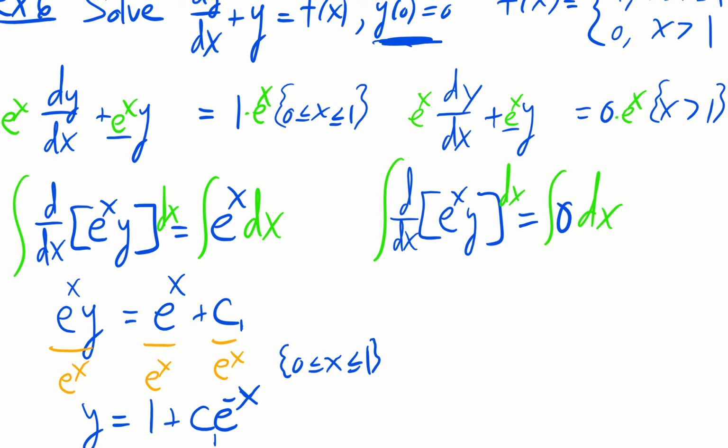So if I plug in 0 for x, we should get 0 for y. So it's going to be 0 equals 1 plus c e to the negative 0. That's going to be 0 equals 1 plus c. So c should be equal to negative 1. So for this one, c is going to be negative 1.